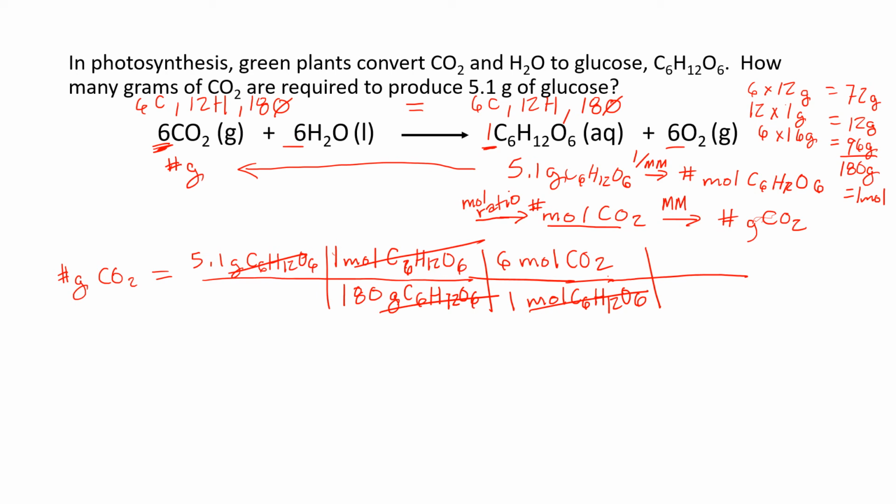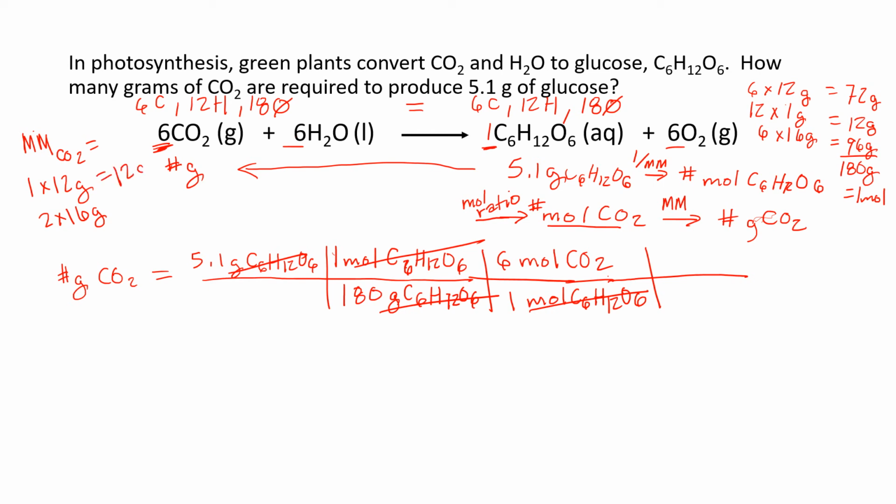Now, to get to grams of CO2, I need to calculate the molar mass of CO2. Well, the molar mass of CO2 is going to equal, I have 1 carbon, so its molar mass is 12 grams, and I have 2 oxygens, so the molar mass of each oxygen is 16 grams.